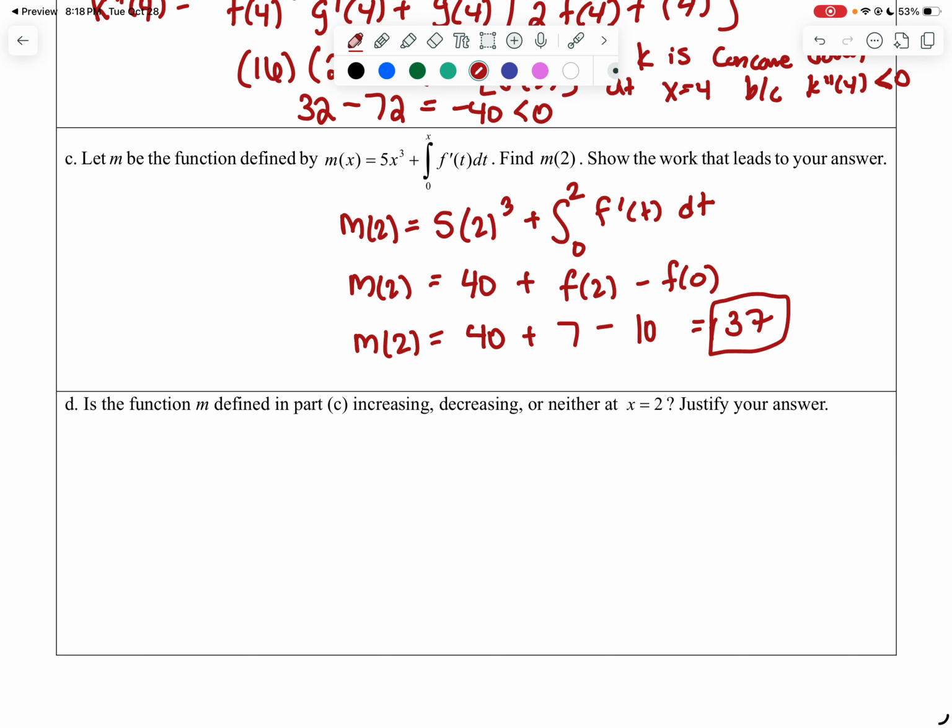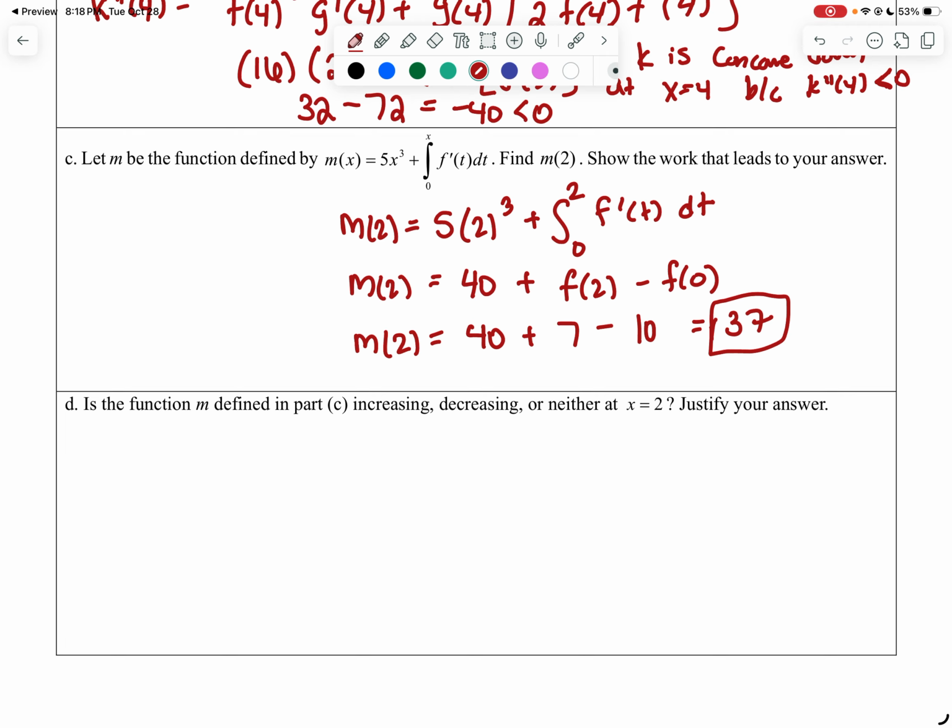Okay, and then part D says, is the function in part C increasing, decreasing, or neither at x is equal to 2? Justify your answer. So now we want to see what the first derivative is doing, and then seeing if the first derivative is positive, we're increasing. If the first derivative is negative, we are decreasing.